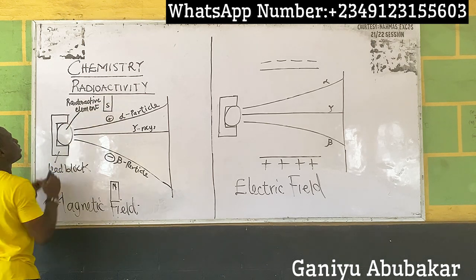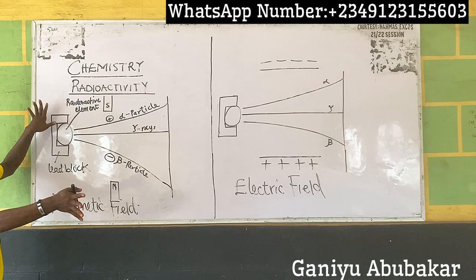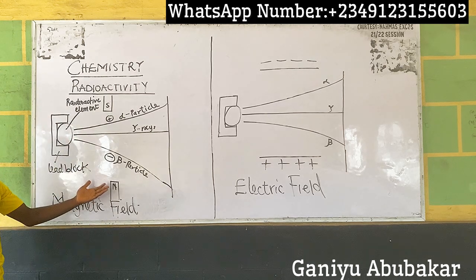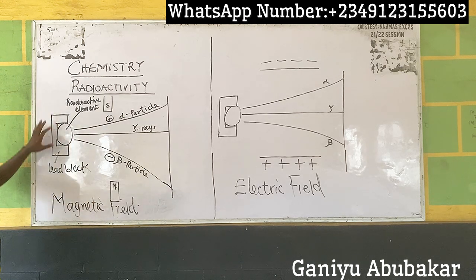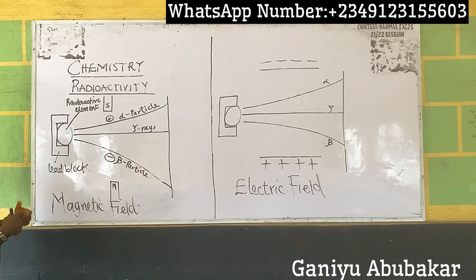So here's the concept. The radioactive element tends to spread out during the process, but this lead block is used to prevent the radioactive element from spreading out to the environment or to the surroundings.